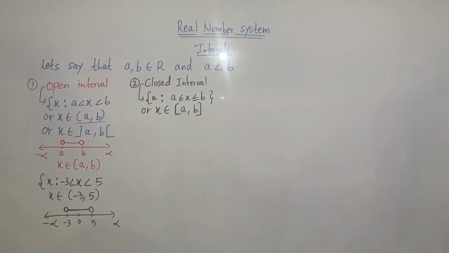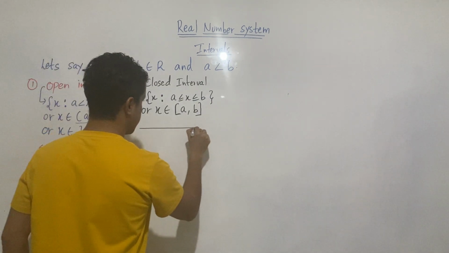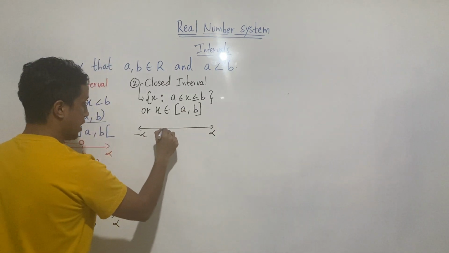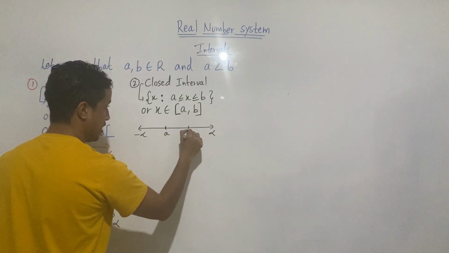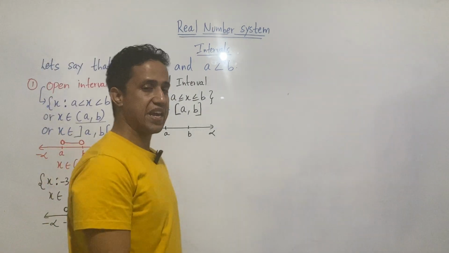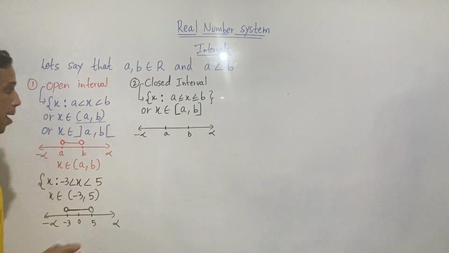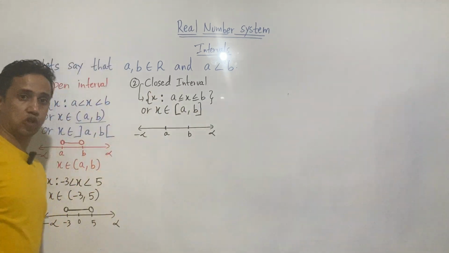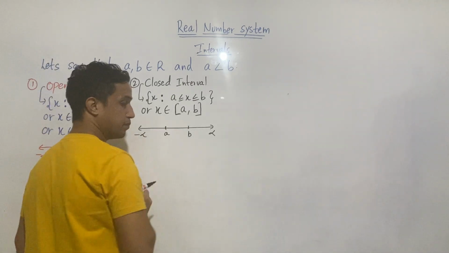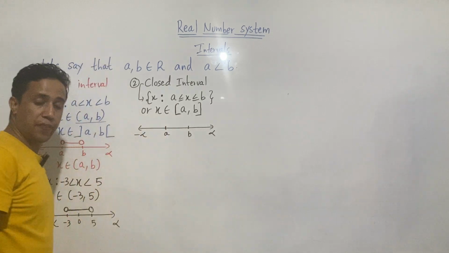So here, if I have to represent it on the number line, minus infinity to infinity, here a, here b. To represent this closed interval, first I will find these two points on the number line.